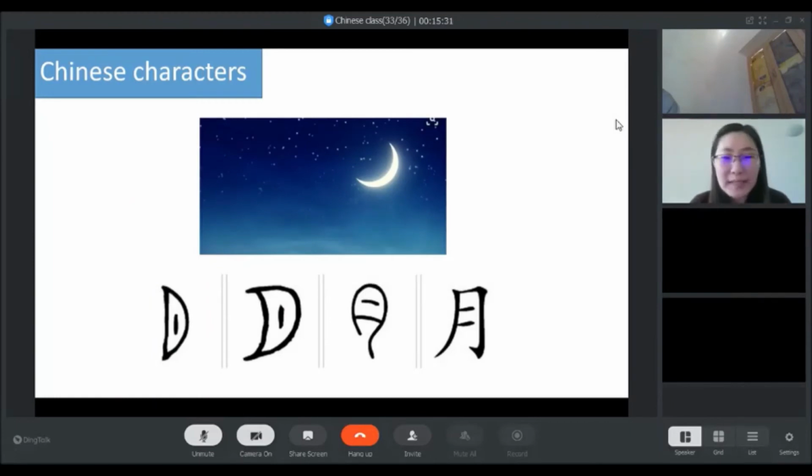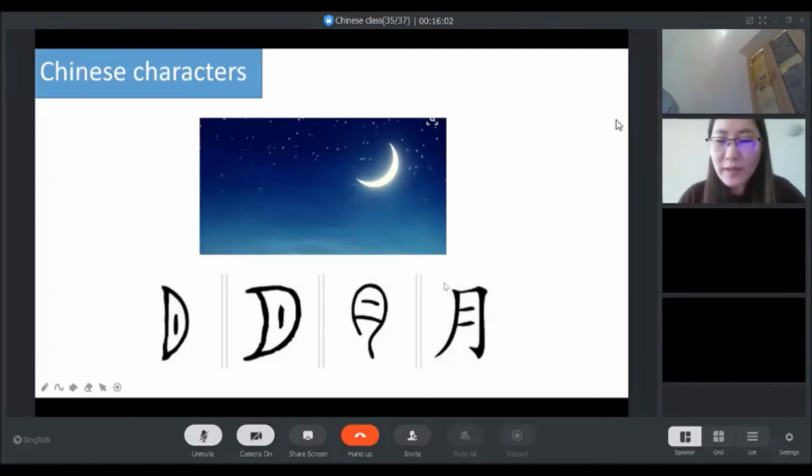And also look at this one. This is the moon. In the ancient time, when we wrote moon, we wrote this one. We wrote this as a Chinese character. The meaning is moon. And then after hundreds of years, it changed, and then thousands of years later changed again, and now it changed to this.